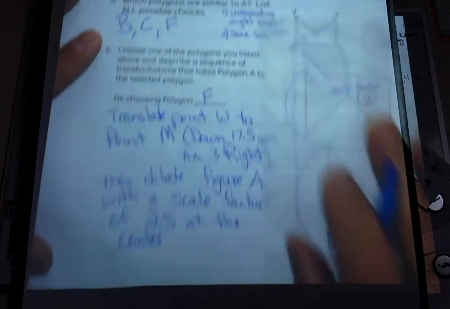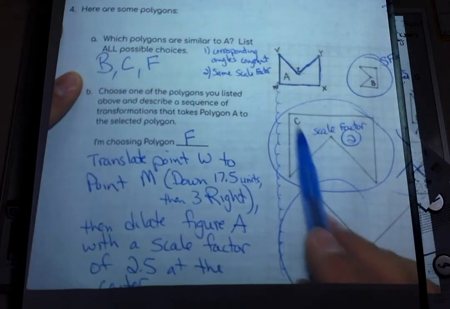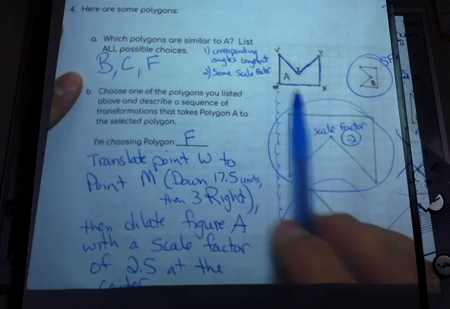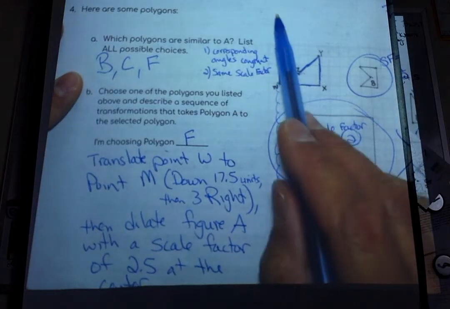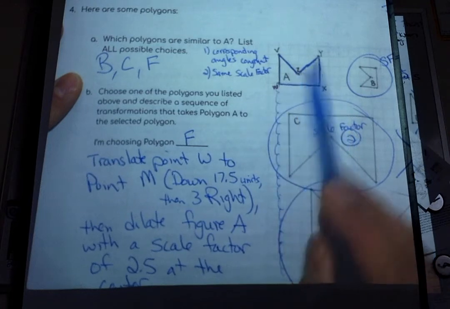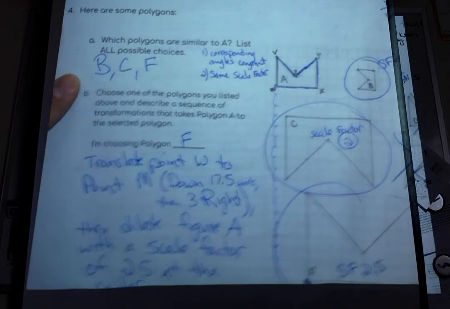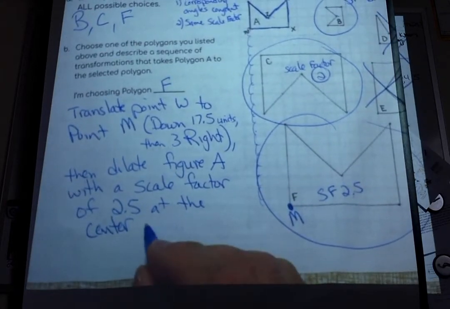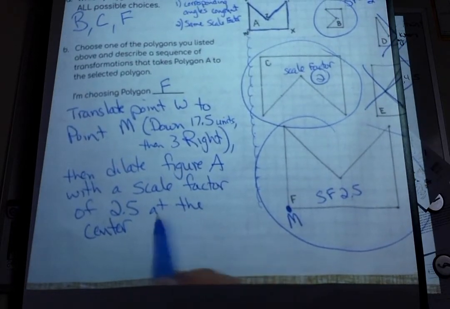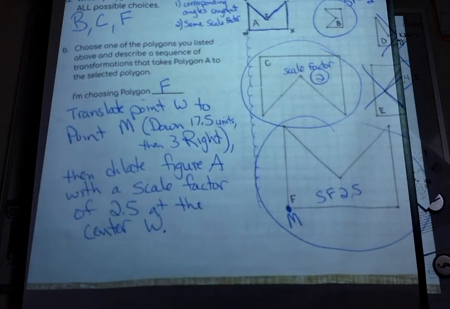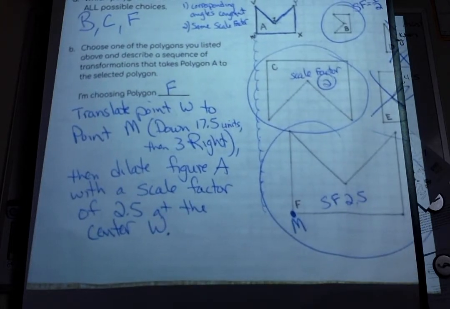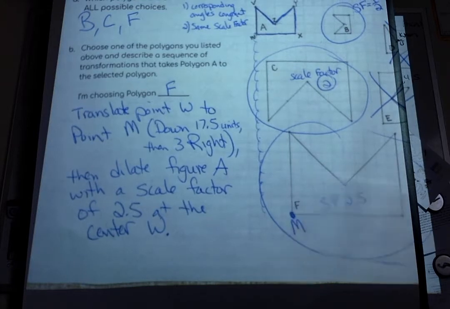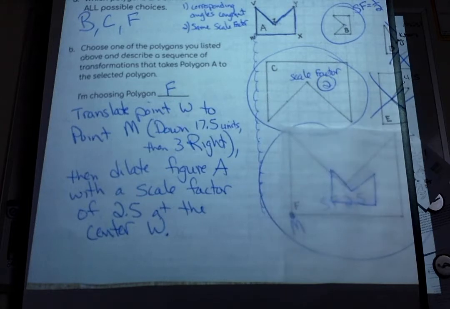So if you remember at the top, point W, I'm going to go our scale factor 2.5 times from that point. So everything from that point is going to be 2.5. Scale factor of 2.5, at the center W. And that would make our shape get 2.5 times bigger in every direction, going off this point.